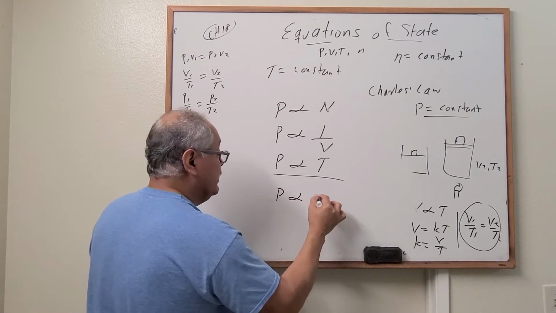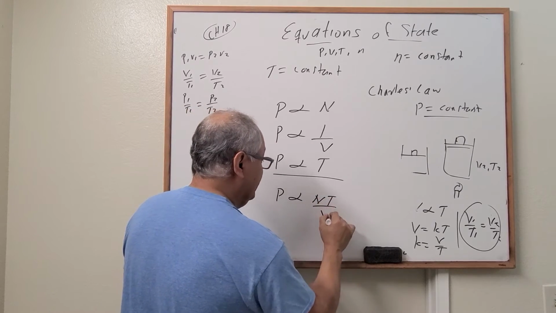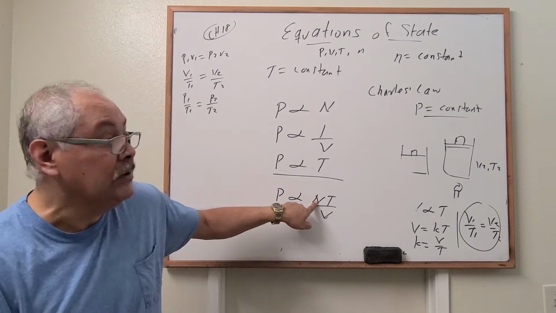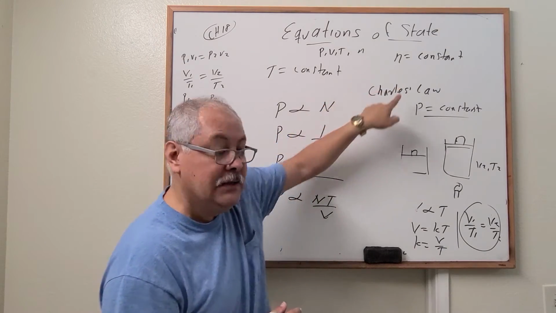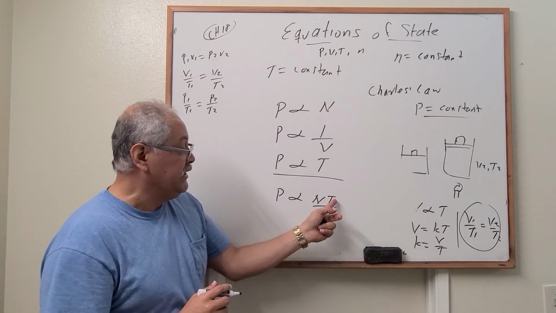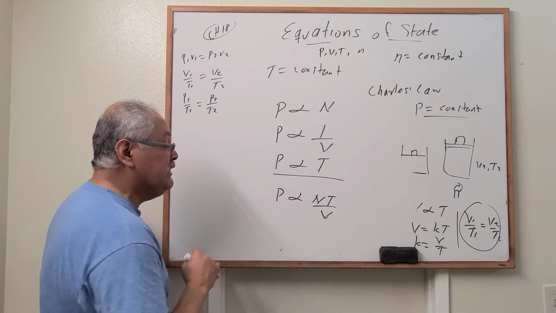Pressure is proportional to the number of particles times temperature divided by the volume. Remember, the number of moles is little n, and big N is the number of particles. Let's eliminate this symbol.